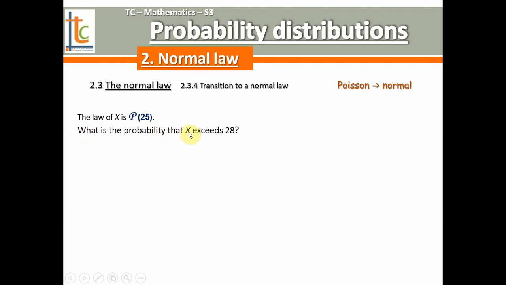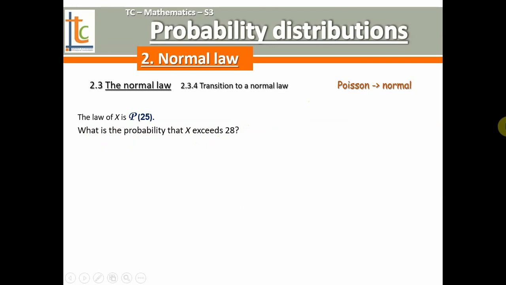What is the probability that X exceeds 28? Of course, with the Poisson tool of your calculator, you can obtain this probability. For Casio, for instance, Poisson CD with 28 gives the probability to be less than or equal to 28. And the probability asked here is the complement, so 1 minus the former result.